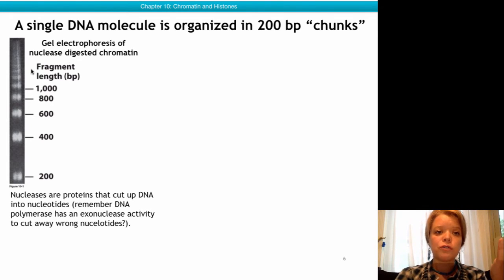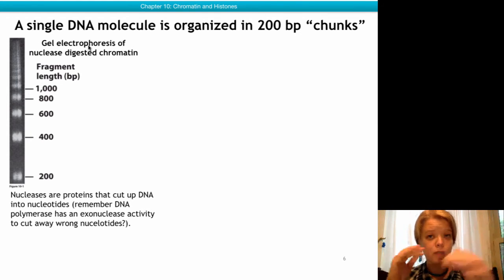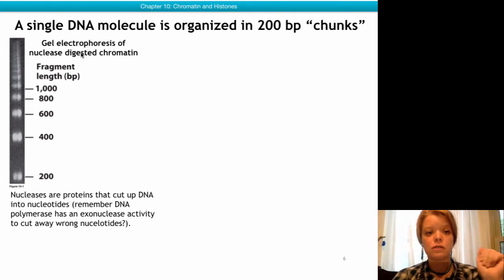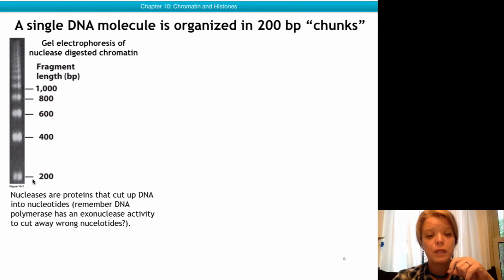But what was observed after the nuclease-digested chromatin was run out and separated by size using gel electrophoresis, remember that it separates DNA molecules based on size, was banding in increments of 200 base pairs. The smallest band was 200 base pairs.